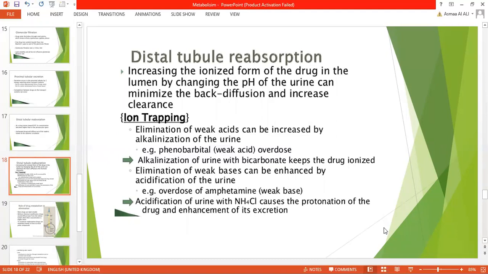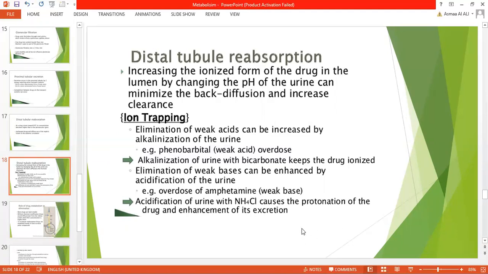So here we increase the ionized form of the drug in the lumen by changing the pH of the urine in the distal tubule, which can minimize back diffusion and increase clearance. We have here what is called ion trapping. What is ion trapping and why is it happening?